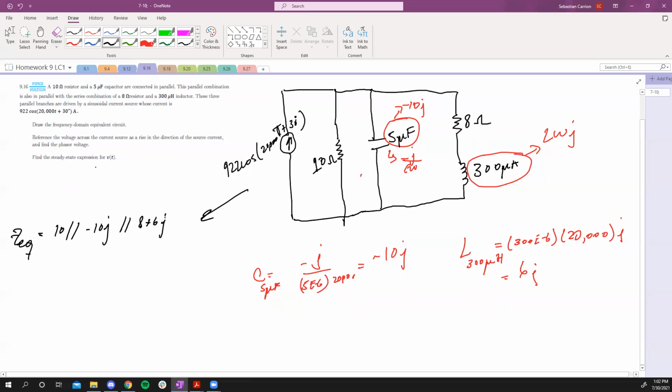That just becomes something way more complex, and we're really not asked to deal with it. But it says to reference the voltage across the current source as a rise in the direction of the source current and find the phasor voltage. I guess actually we do need it, so we need to find the Z equivalent.